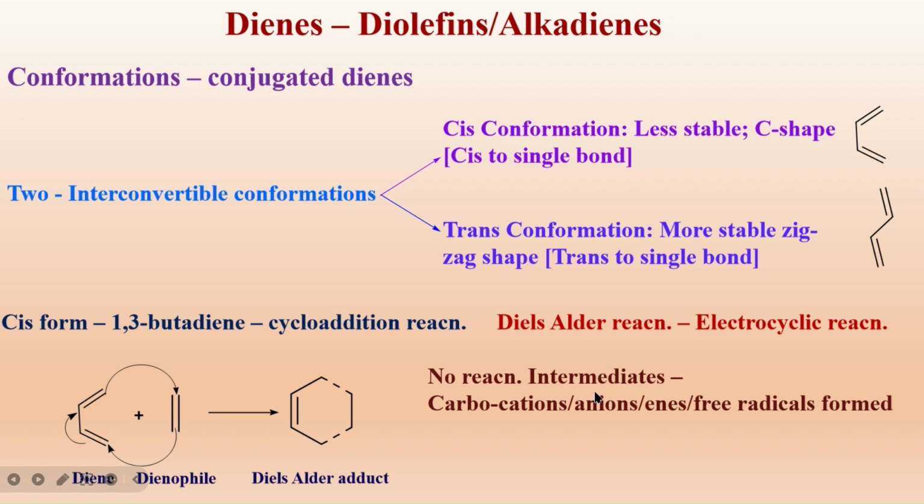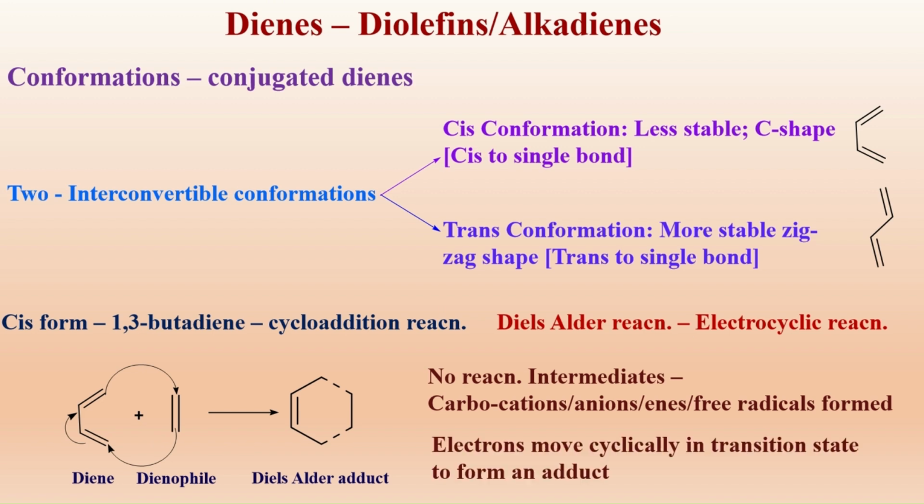That's why no intermediates are formed. This is the unique reaction in which no reaction intermediates are formed, an electrocyclic reaction, and this is a unique reaction exhibited by dienes, not by any other organic compounds.